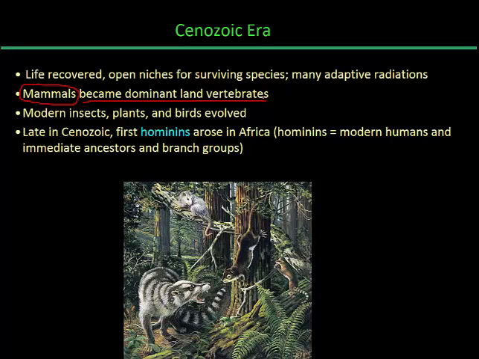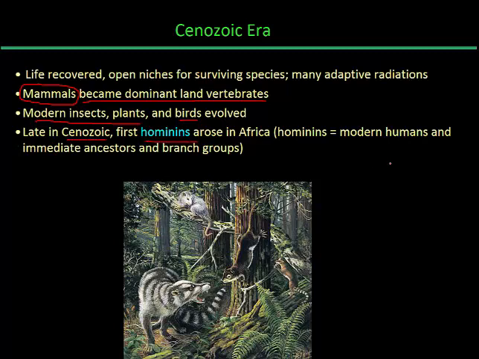My precious birds also survived, and they're doing just fine. At least some of them, just like some of the mammals, were able to survive the asteroid impact, as did the ancestors of modern insects and plants, and basically anything else that's around the planet today. It's also worth noting that very late in the Cenozoic, the first hominins arose.